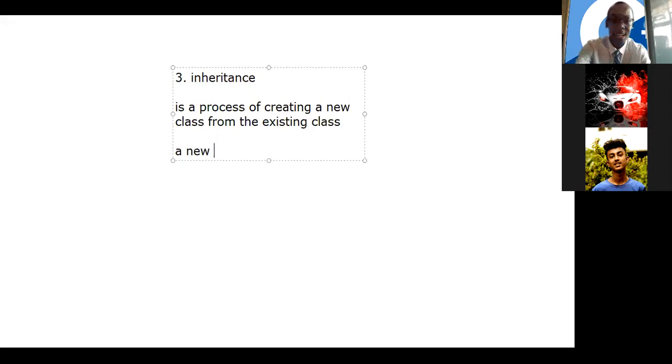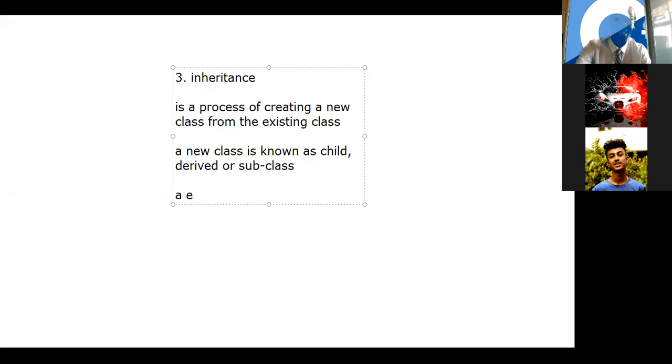A new class is known as a child, derived, or subclass. An existing class is known as a parent class, or what? Or a base class. Okay, a base class.